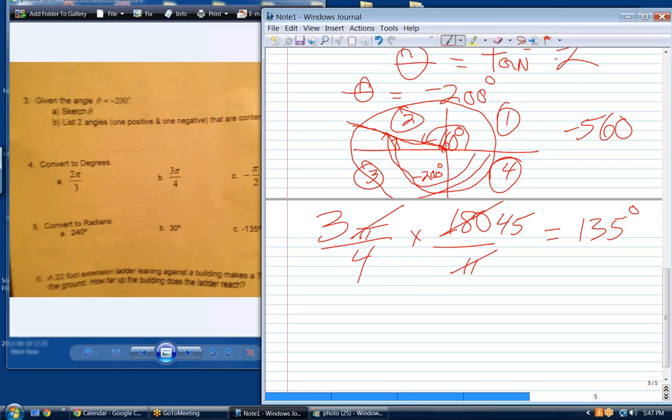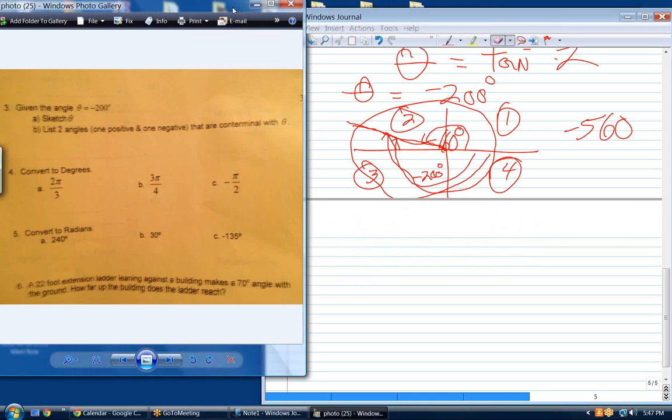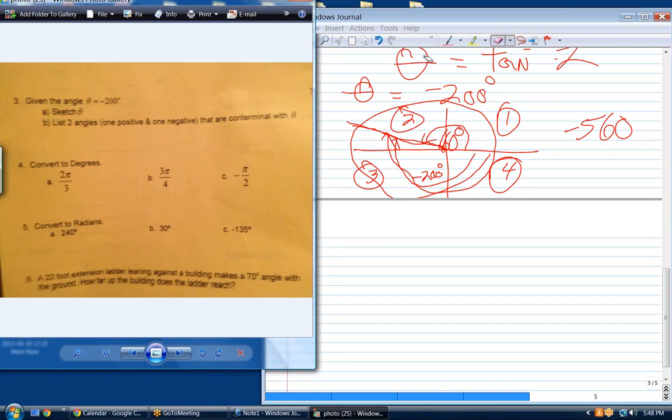Otherwise, I'd have to divide 540 by 4, which is a harder calculation than dividing 180 by 4. And the last one there looks like minus pi over 2.